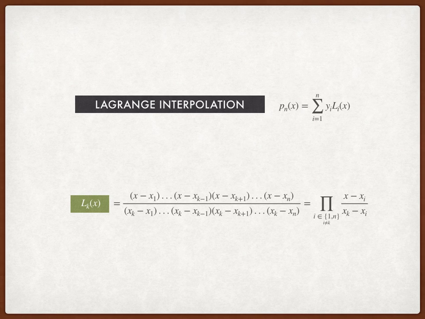We first define the interpolation function Pn of x as the summation of yi and Li of x, where index i is from 1 to n. Each measurement data with index i has a corresponding polynomial Lk of x. The numerator of the Lk of x is the multiple of x minus interpolation points. The denominator of the Lk of x is the multiple of xk minus other interpolation points.